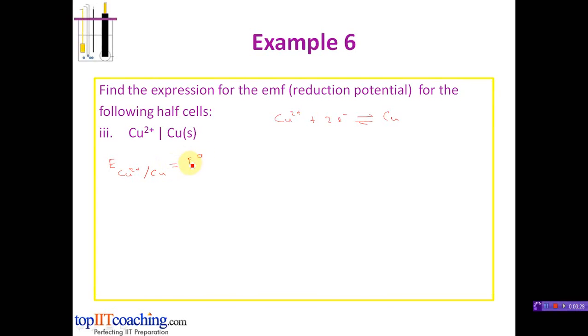The Nernst equation for this half cell will be E Cu2 plus slash Cu is equal to E naught Cu2 plus slash Cu minus 0.0591 divided by n, which is 2 in this case, log concentration of Cu divided by concentration of Cu2 plus.